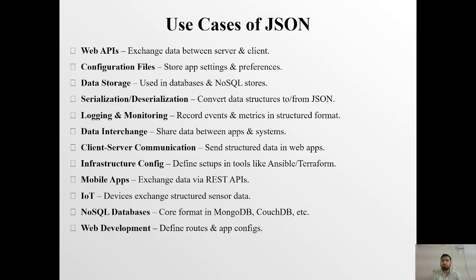Now the use cases of JSON. Web APIs: it exchanges data between server and client. Configuration files: it stores app settings and preferences. Data storage: it is used in databases and NoSQL stores.